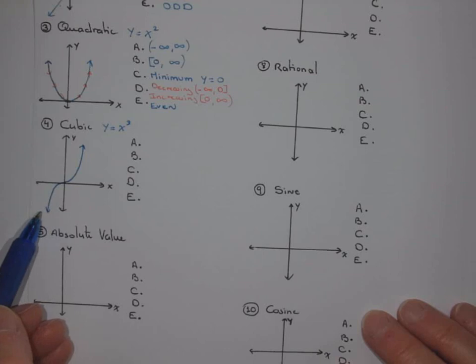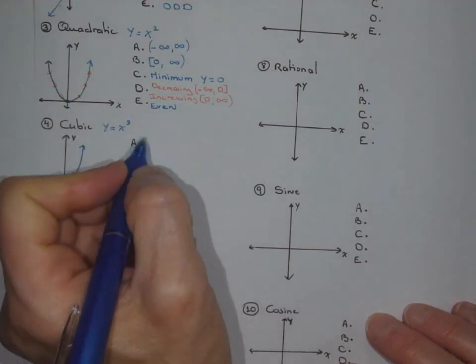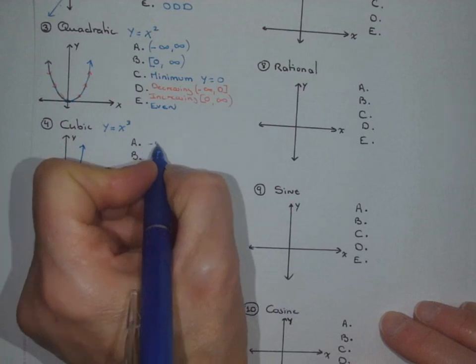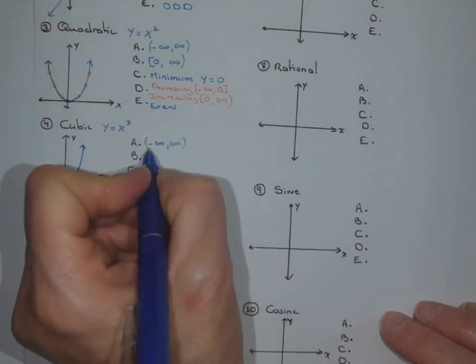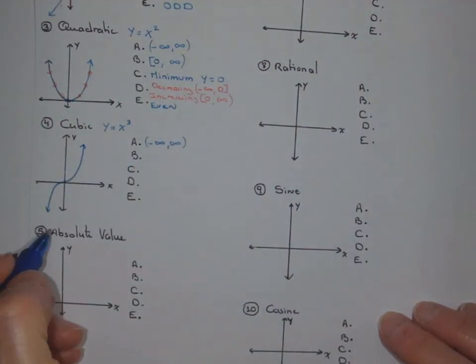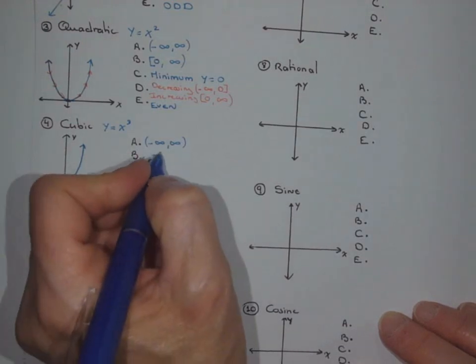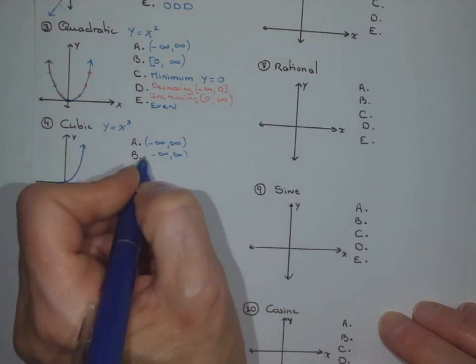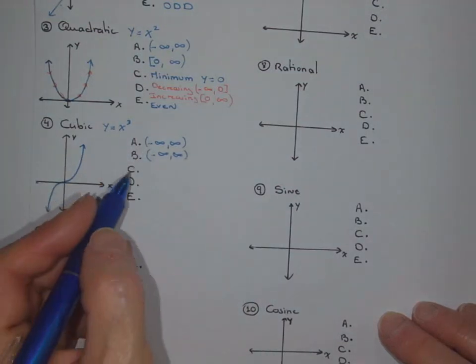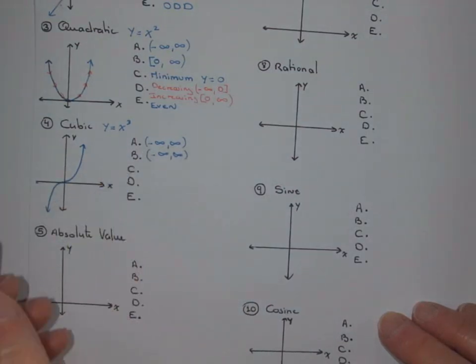There is no restriction from the left to the right with no discontinuity in between, so the domain will definitely be from negative infinity to positive infinity. The range, there is no limit at the bottom, no limit at the top, so also negative infinity to positive infinity.